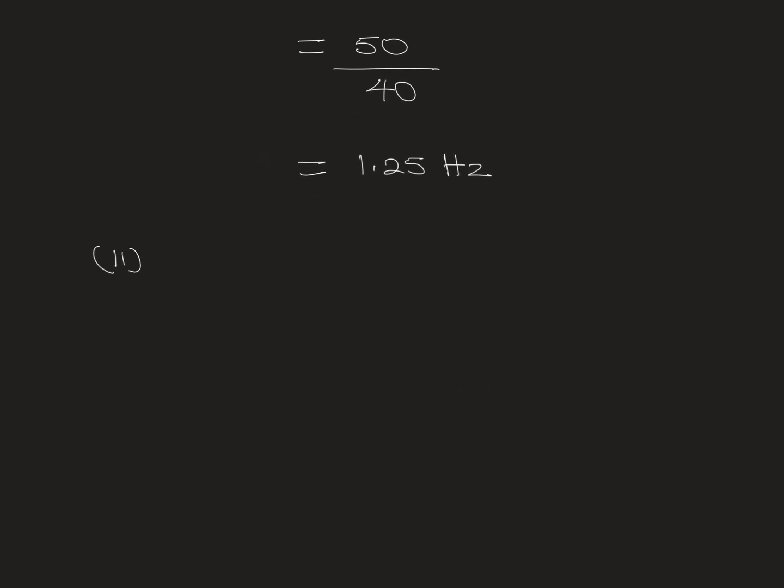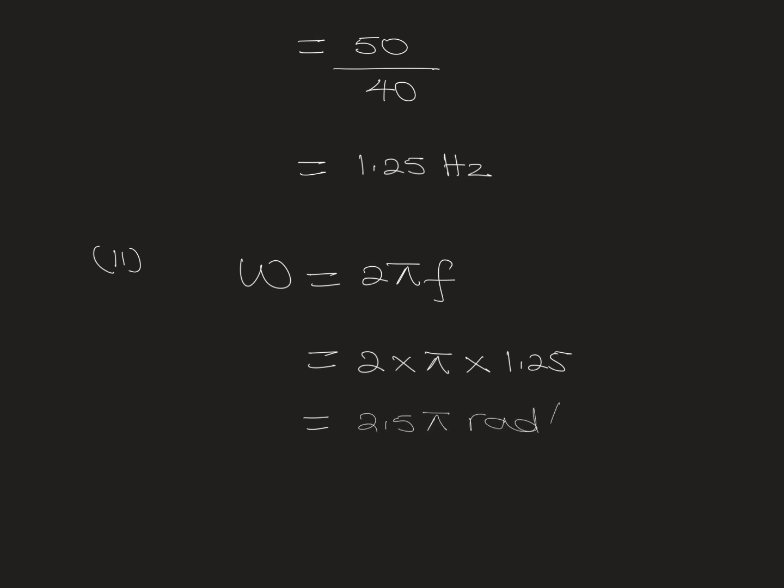So question 2, how do we find the angular velocity? The formula for angular velocity is equal to 2 pi f. So that is going to be 2 times pi times the frequency, 1.25. So 2 times 1.25 is 2.5. So that will be 2.5 pi radians per second.